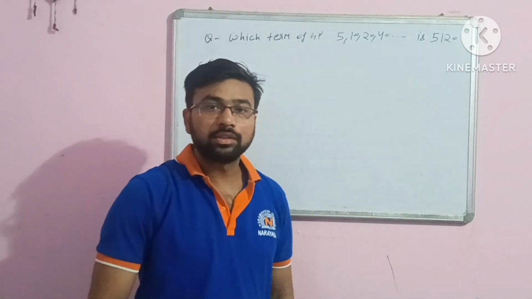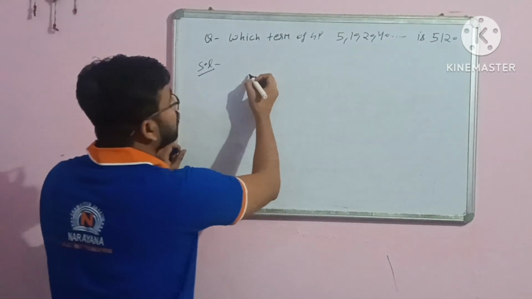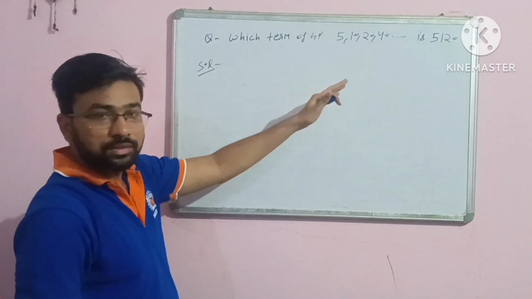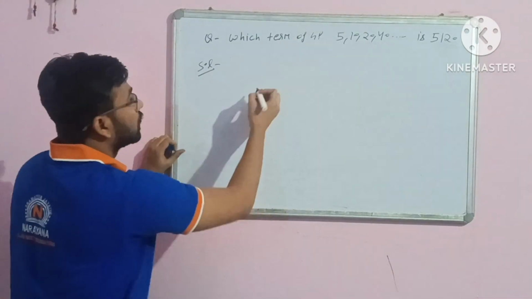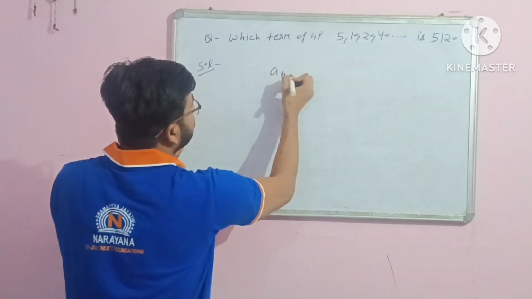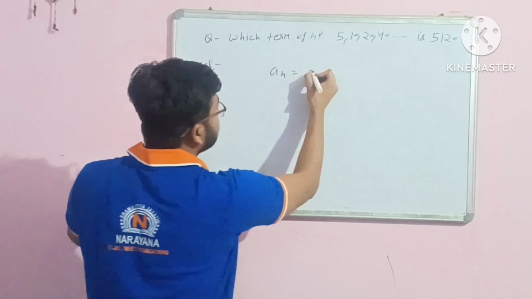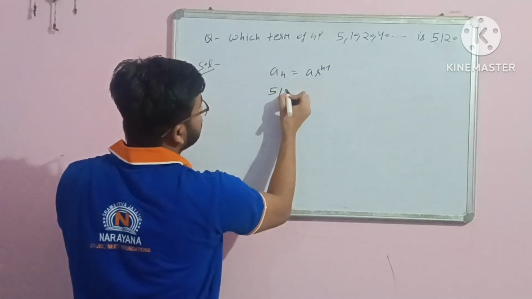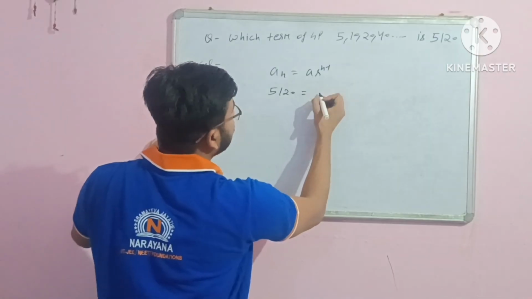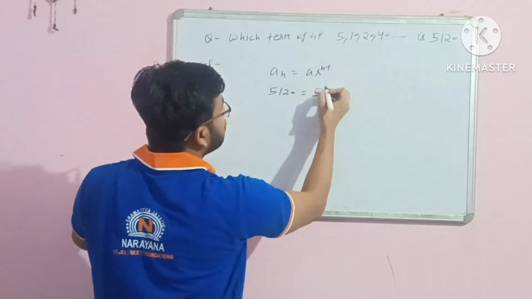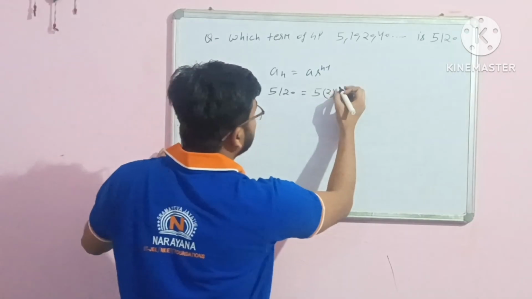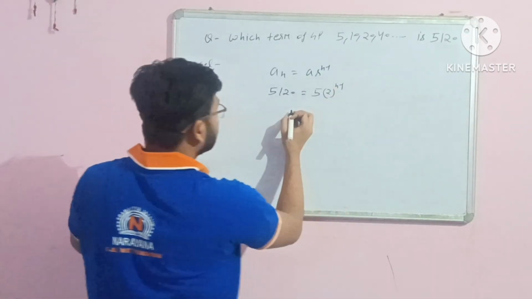Now we will solve the next question. We have to find which term of this GP is 5120. Then we apply the nth term formula of GP. 5120 becomes equal to the first term, 5, into 2 to the power n minus 1.